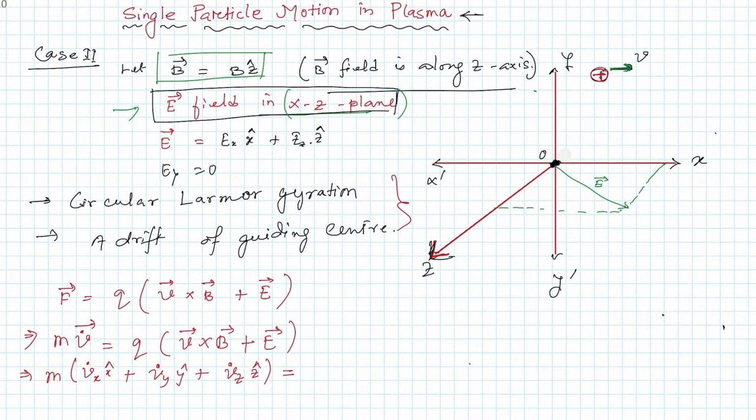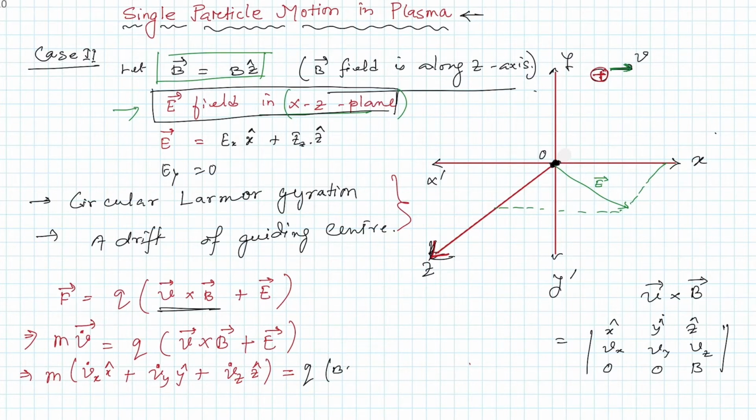Here you see this part, V cross B. How to find it? We take the X, Y, Z components. The components of V are Vx, Vy, Vz, and the components of the magnetic field along X and Y are 0, and the Z component is B. So from here we can find Q B Vy x cap.